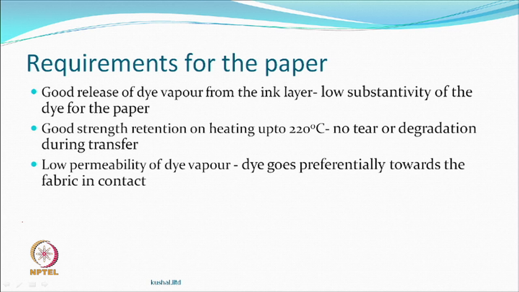So, permeability. If you have a low GSM, that means at the molecular level, because now you are talking about a molecule of a dye which is in a vapor form and not a particle. If you look at any paper under a high magnification microscope, you say, well, it seemed a very smooth surface, but it is not as smooth.